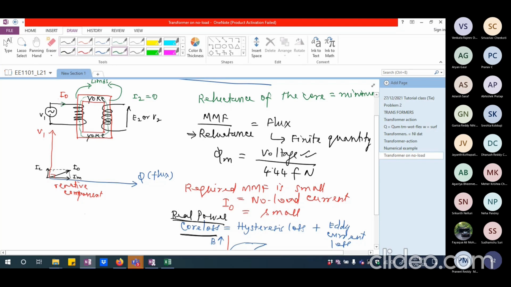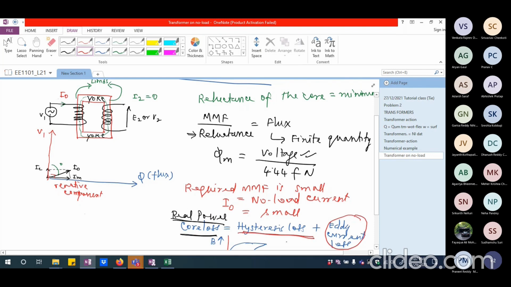If I look at the no load power factor, cos phi naught, that is going to be really, really poor for a transformer, because the core loss in a transformer will be minimized as much as possible by at least reducing the eddy current losses. Hysteresis loss essentially depends upon the core material property. I don't have any control over it.